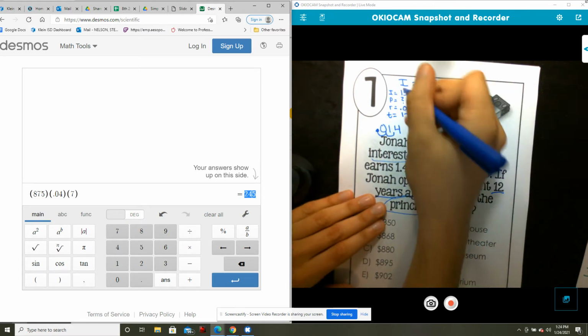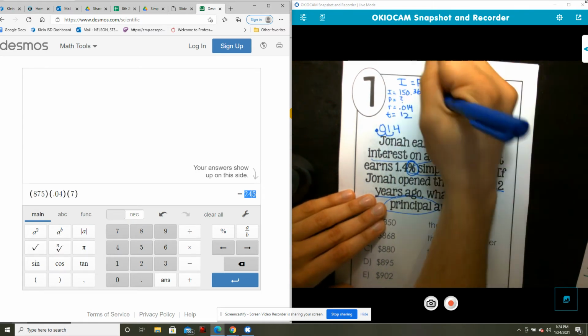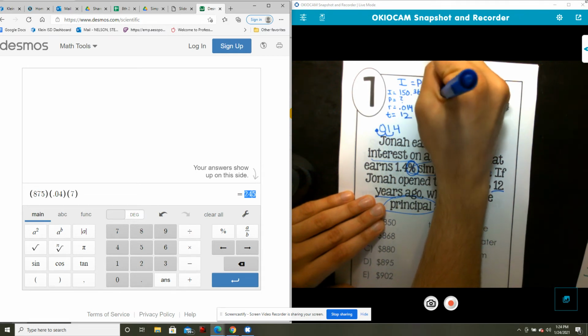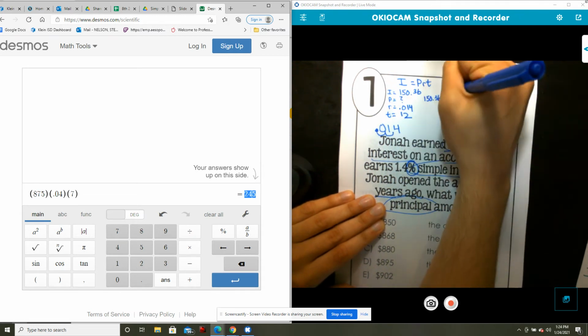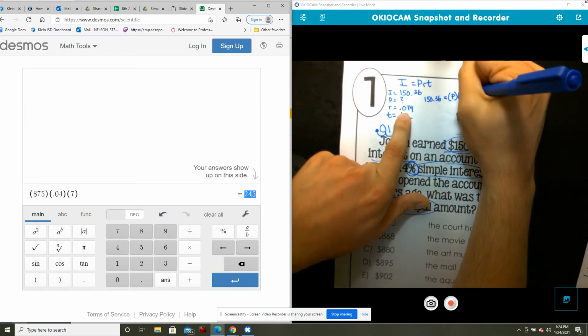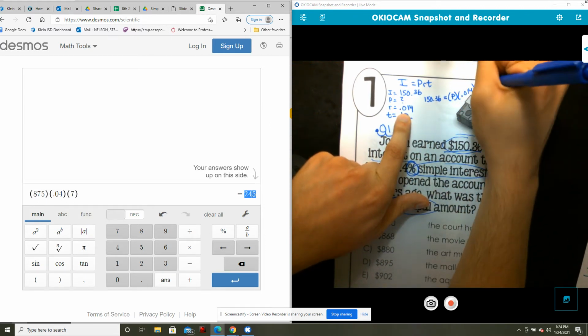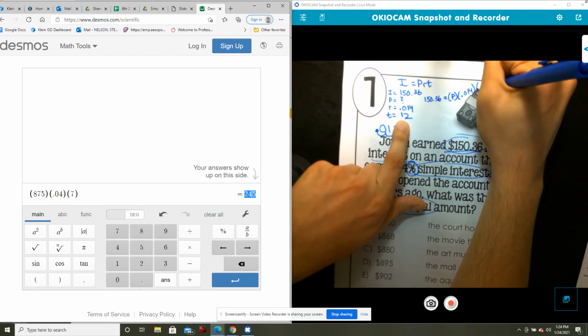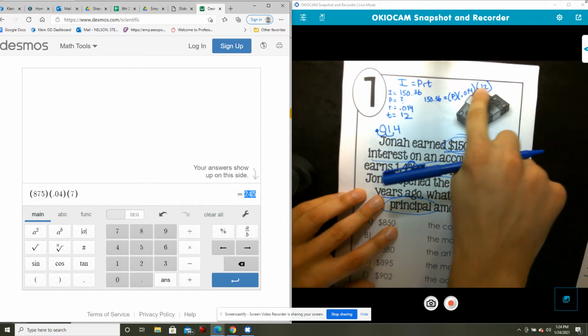So now we set up the equation. We have 150.36 is equal to P, which is what we're looking for, times our rate, 0.014, times 12. So you're going to multiply these two together.